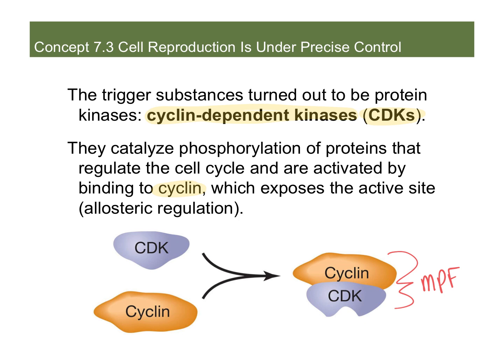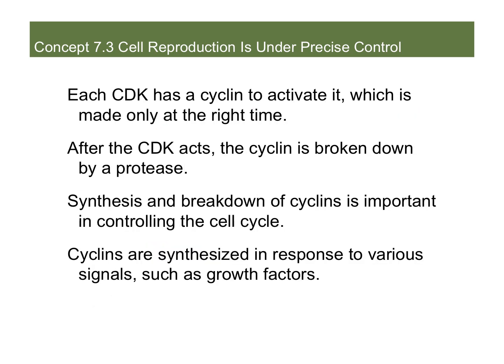But it's only activated when these two are joined together. Now there's a variety of CDKs, and each of them has a cyclin that's going to activate it, which is only made at the right time during the cell cycle.